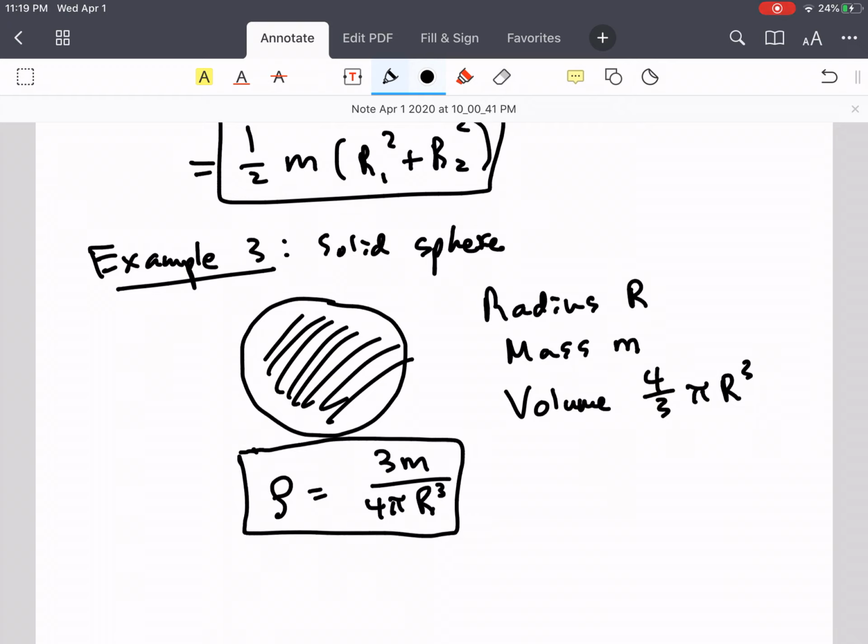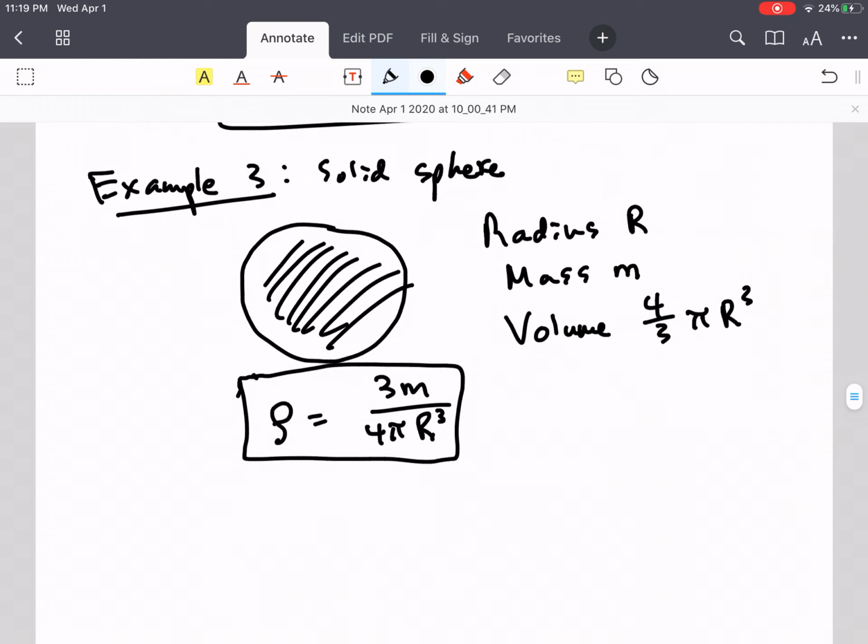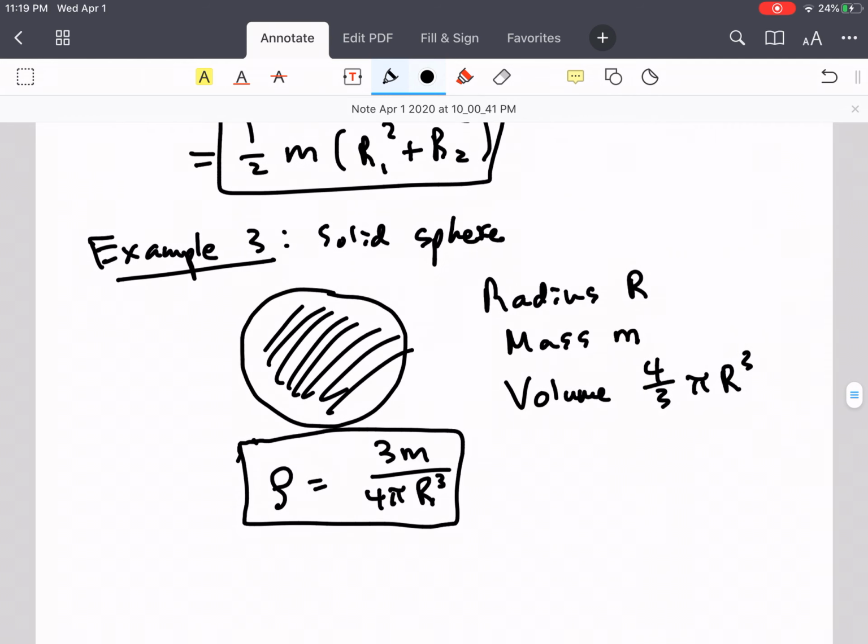And now I want to break this up into something so that I can do my integrals. The way I'm going to do this is I'm going to imagine that I stare down on the sphere in some particular direction. Imagine the following situation. I'll draw this on the drawing I already have here. Imagine my axis of rotation, let's call it the z-axis.